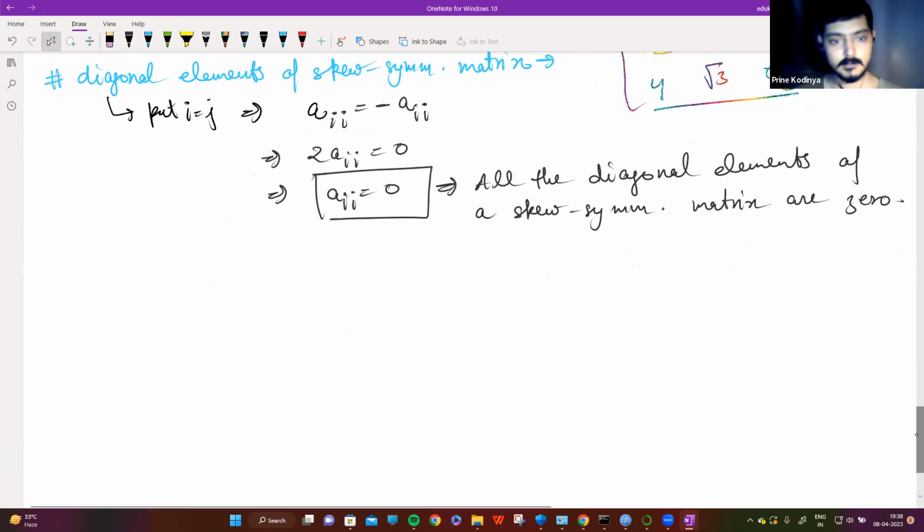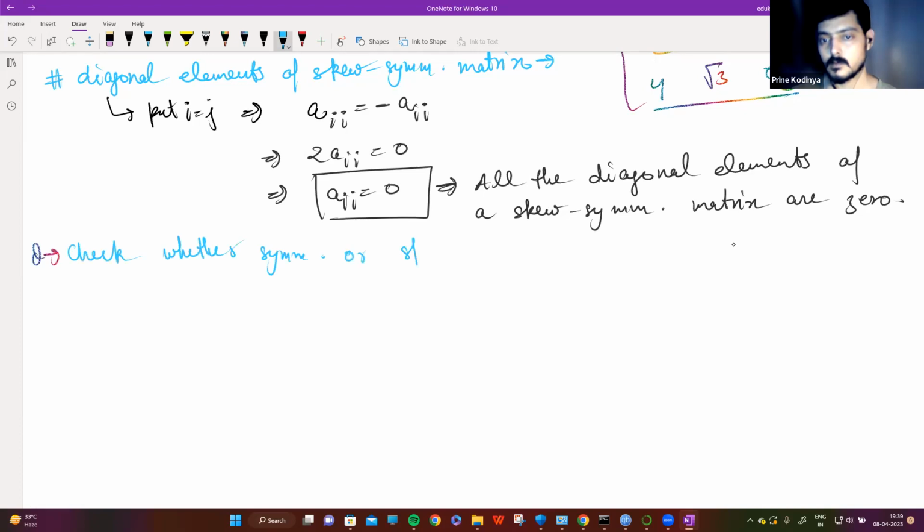Tell me whether this is symmetric or not. Is it a symmetric matrix or a skew symmetric matrix?